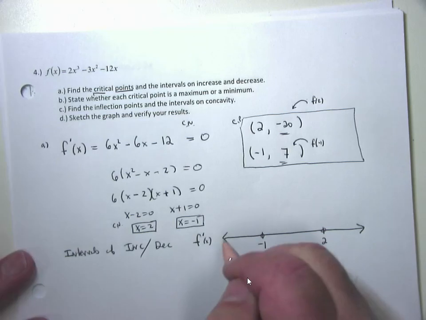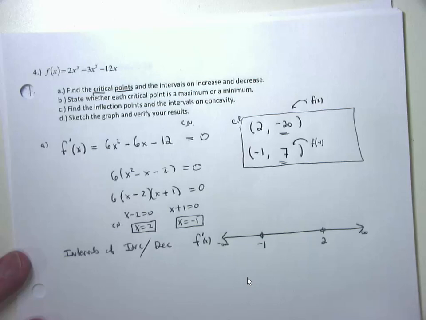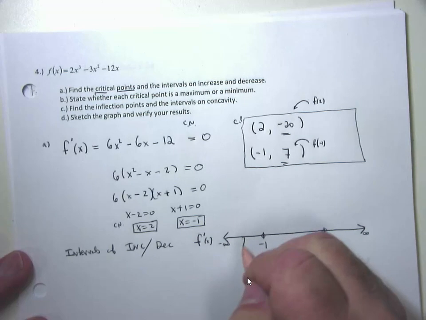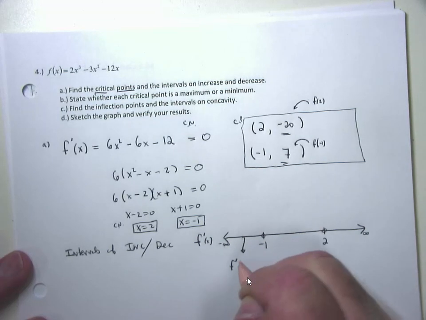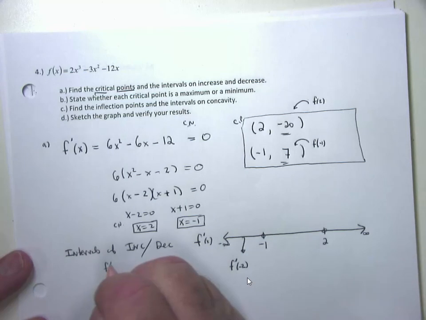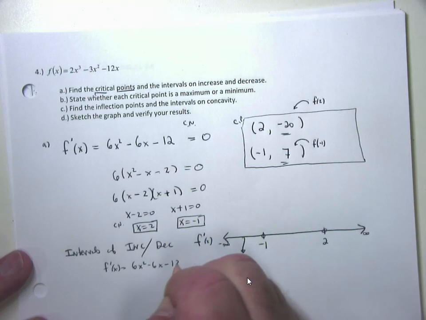Now this arrow represents negative infinity. This arrow represents positive infinity. Pick a number between negative infinity up to negative 1. Pick a number in that interval. Negative 2. And I'm going to plug negative 2 into my derivative. Just to remind you, my derivative was the function 6 times x squared minus 6x minus 12.